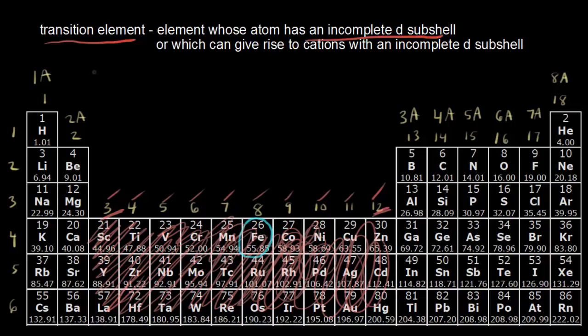Here's iron right here, and let's say I wanted to do noble gas notation. Once again, I'm assuming that you know how to do this already, so I won't spend too much time talking about it. I would go to argon, which is the noble gas before iron, and I would put argon in brackets. That takes me to the 4th energy level, or the 4th period on the periodic table.